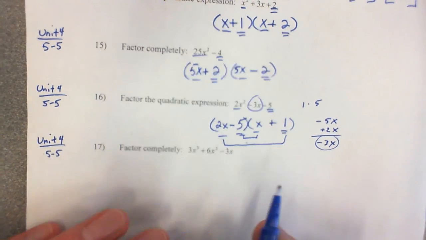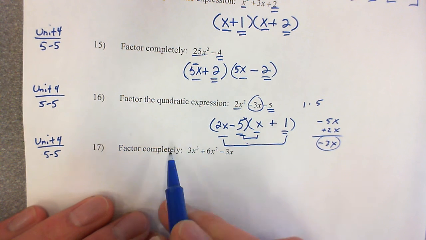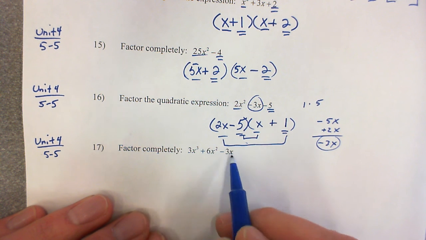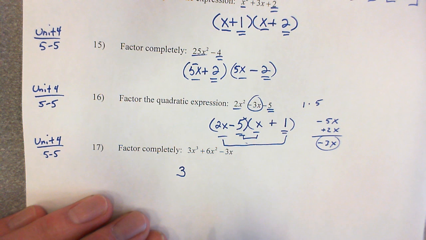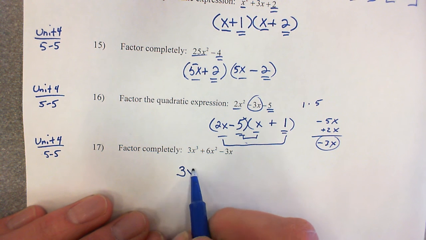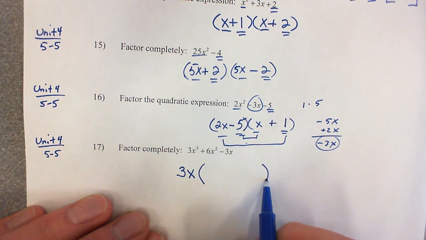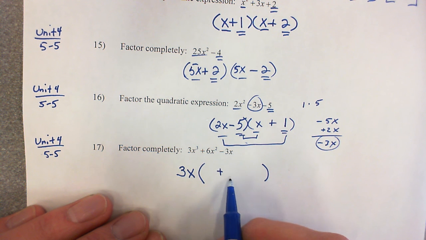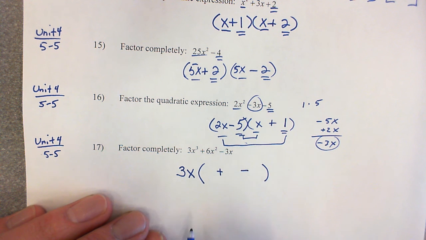The last factoring, number 17, says factor completely. So here, again, we're going to look for a common factor. 3, 6, and 3. Looks like there's a common factor of 3, and each of them has an x, so we're going to pull out 3x. Since this is a common factor, this is undistributing, which means we're going to have something plus something minus something.